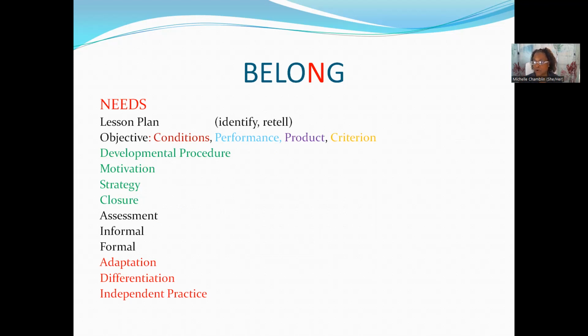An aim is nice to put on the board, or the learning target is nice to put on the board, because a lot of times principals ask us to do that, but you need to really know the objective of the lesson. What is the performance product and the criteria that you're looking for this student to have been able to achieve in this particular lesson? And you have to have a procedure in your mind.